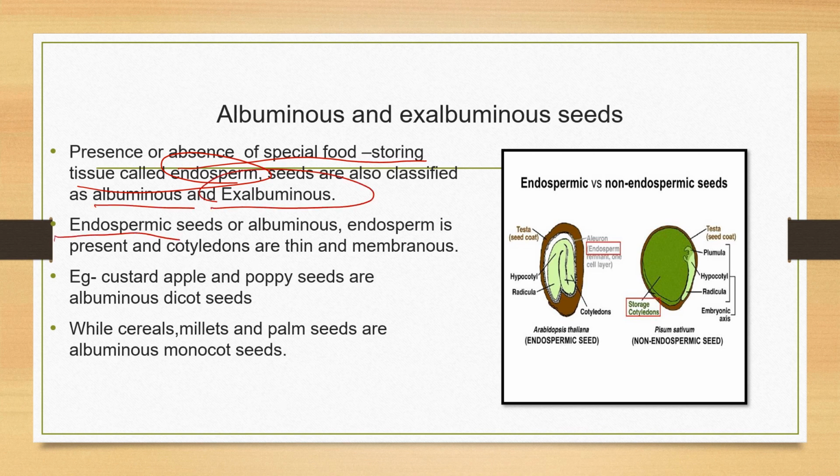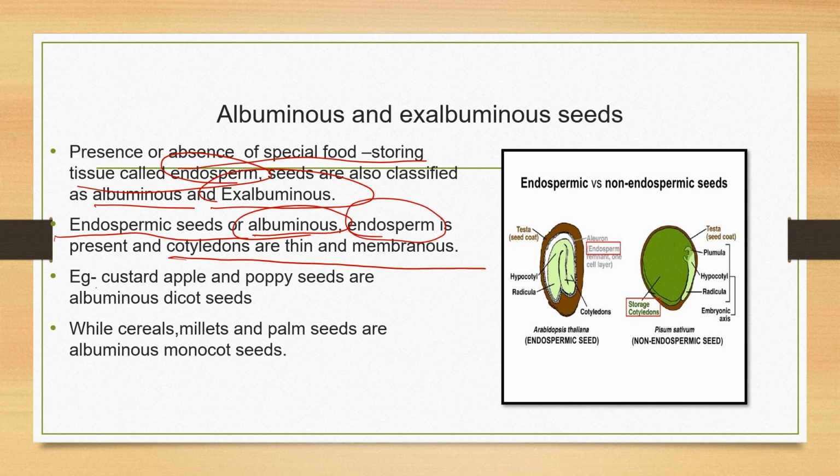Now, endospermic seeds, that is in which the endosperm is present and cotyledons are thin and membranous, that is the endosperm is storing the food. It is the special storing tissue for the seeds. So these seeds are called albuminous, in which these are endospermic seeds and in which endosperm is storing the food.